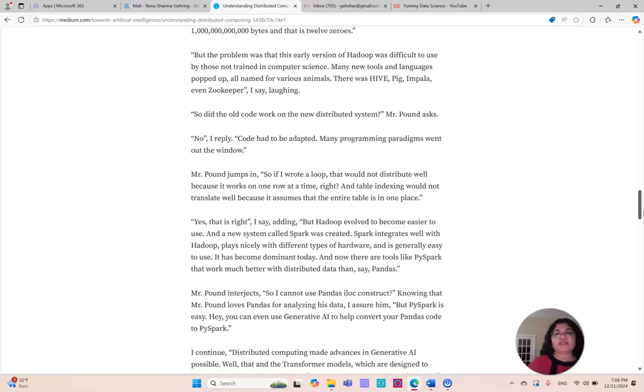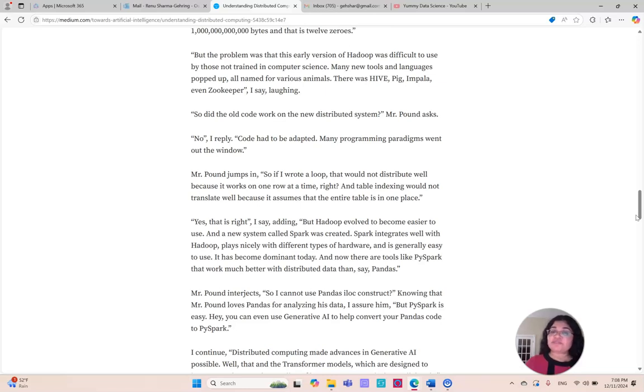Mr. Pound jumps in. "So if I wrote a loop, that would not distribute well because it works on one row at a time, right? And table indexing would not translate well because it assumes that the entire table is in one place." "Yes, that's right," I say, adding, "But Hadoop evolved to become easier to use, and a new system called Spark was created.